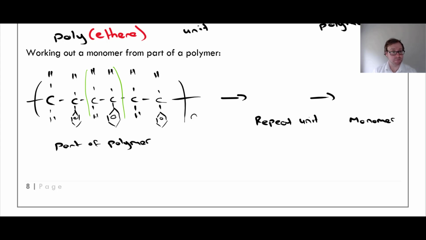So this is the simplest part of the polymer that is repeated, which means if I'm going to draw this, I can take this out, make sure that the bonds come out from the brackets.